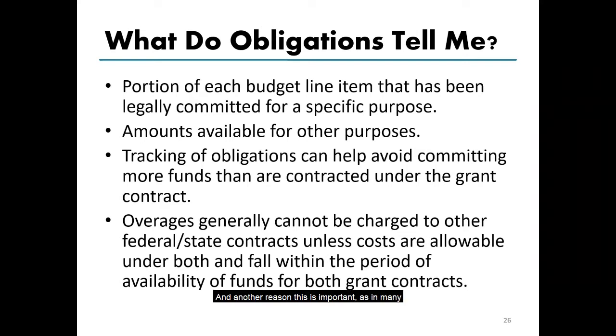And another reason this is important is in many cases you may not have an alternate funding source should you overcommit your particular grant contract. There may not be something that you can turn to fund those overages if it comes to that.